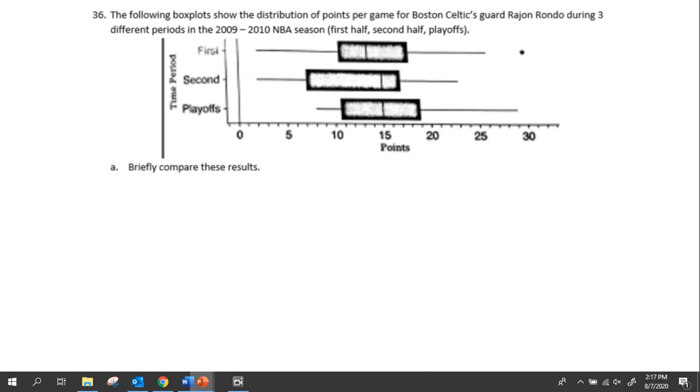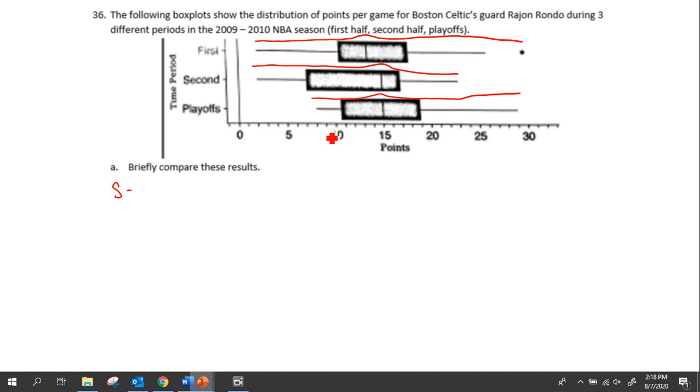The following box plots show the distribution of points per game for Boston Celtics guard Rajon Rondo during 3 different periods from 2009 to 2010. Briefly compare the results. So remember, we're going to use SOCS. So the first one is shape. So these are all a little different.